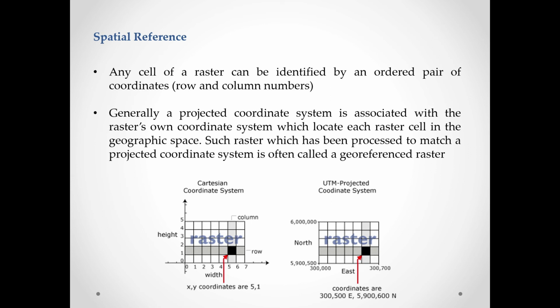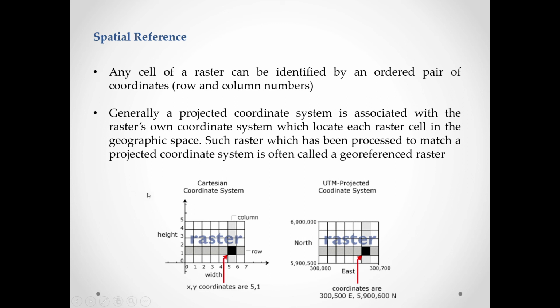Spatial reference. Any cell of a raster can be identified by an ordered pair of coordinates, row and column numbers. Generally, a projected coordinate system is associated with the raster's own coordinate system, which locates each raster cell in geographic space. Such a raster, which has been processed to match a projected coordinate system, is often called a georeferenced raster.